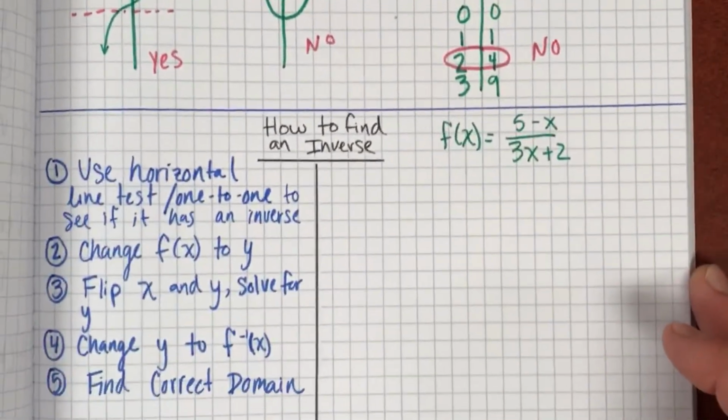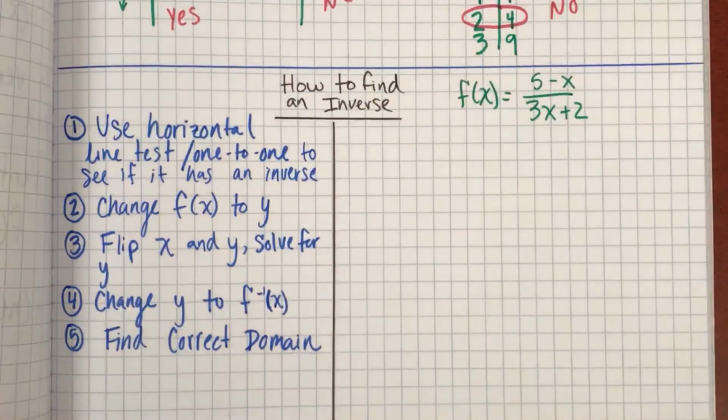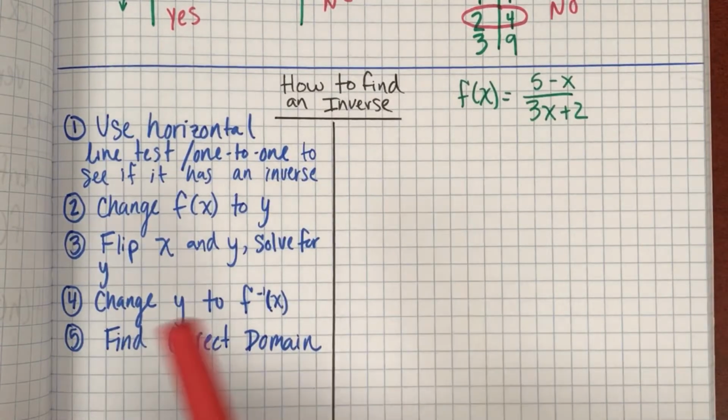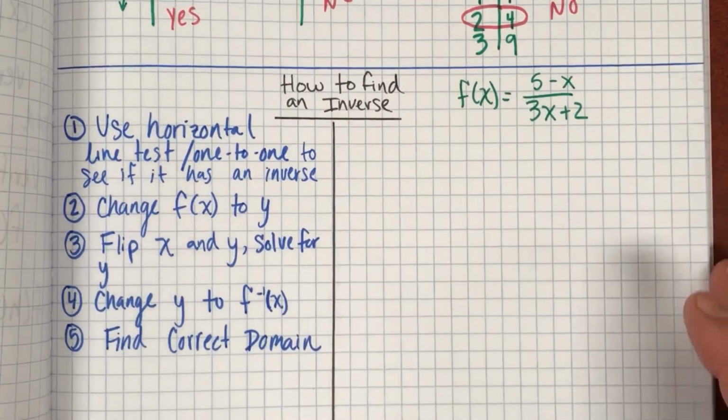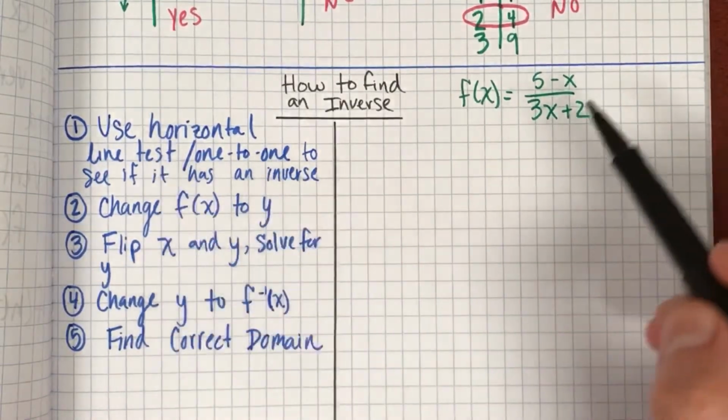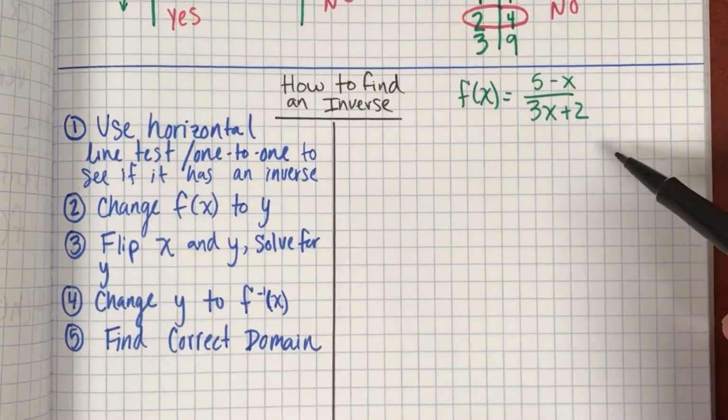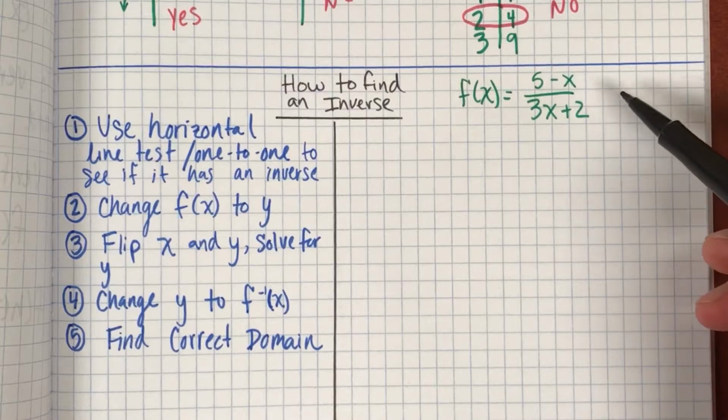All right, so now how to find an inverse. First of all, we're going to use the horizontal line test and one-to-one to see if it even has an inverse at all. We don't want to waste our time if it's not necessary. All right, so we can graph this. We can see that this does pass the horizontal line test.